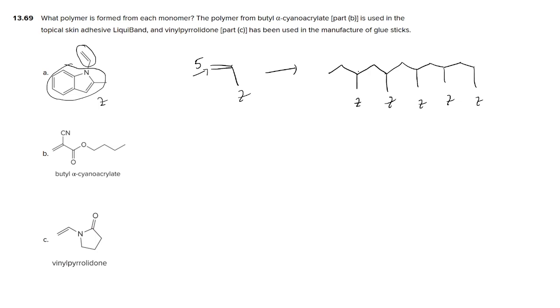And then we have to end here. So basically, you can start from this part and you can end in this part. So we have here 5 repeating units. What is the substituent? The substituent is this part, so we can just replace these Z's with the substituent.